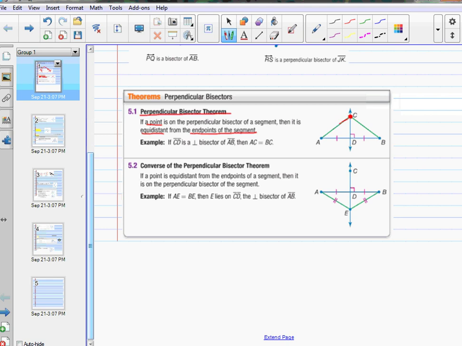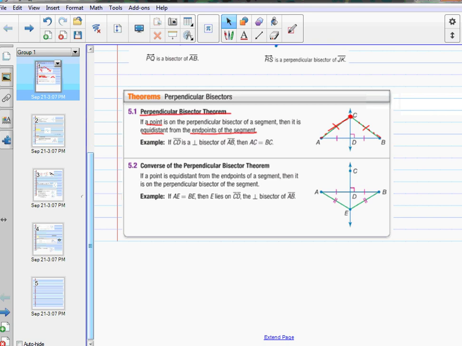If I measure over to one endpoint, it's the same length as measuring over to the other endpoint, or we say it's equidistant. So if we know we have a perpendicular bisector and a point is on it, it's the same distance to either end. Equidistant from the endpoints.